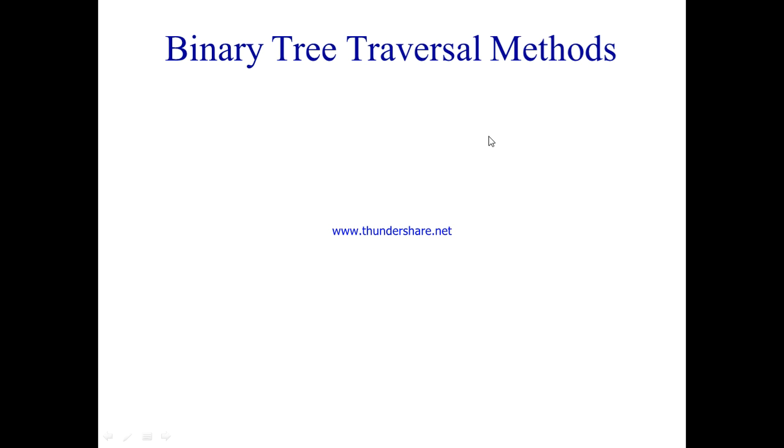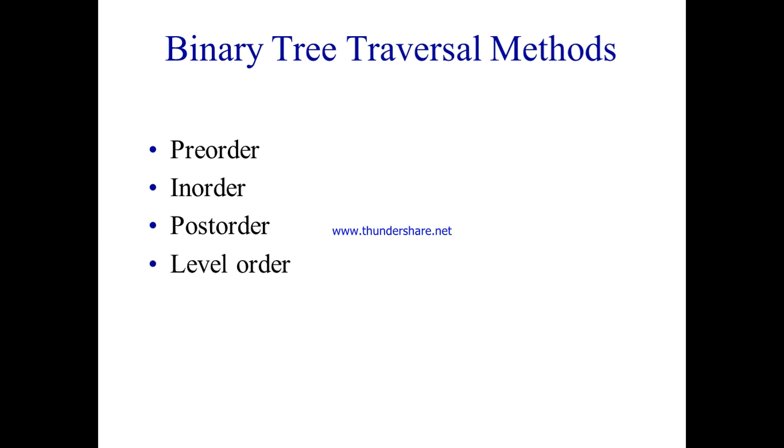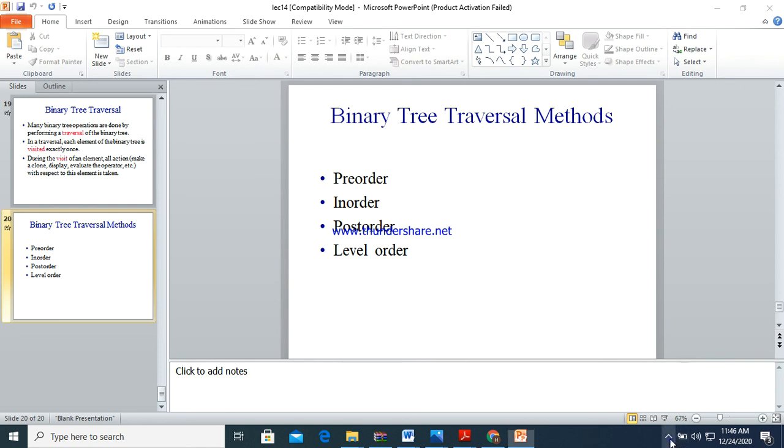Coming to tree traversal, we have pre-order, in-order, post-order, and level order. Mainly we'll be focusing on pre-order, in-order, and post-order. We'll see about these traversal methods in the next class. Thank you.